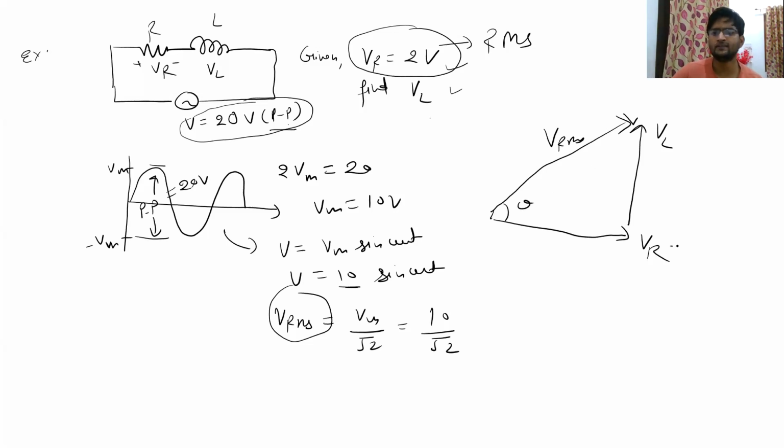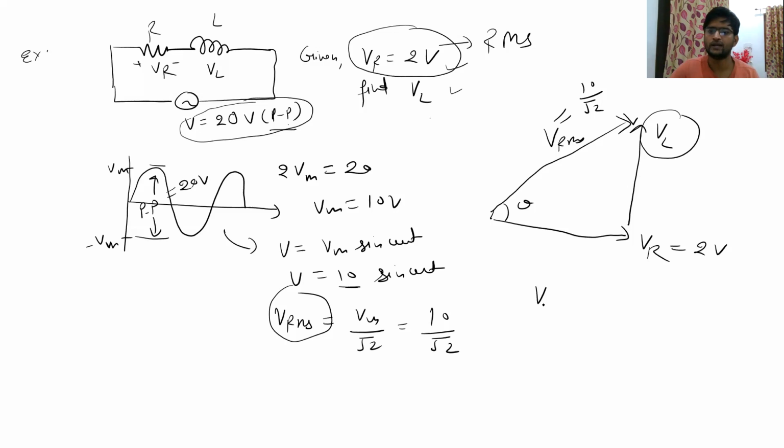So this VR is already given as 2 volt. This VRMS we just calculated as 10 by root 2, and now we have to calculate VL. So you can see that it is not simple summation. You cannot just go for KVL and find the value of VL, because phasors are involved and not all the voltages are in the same phase. So how to find VL?